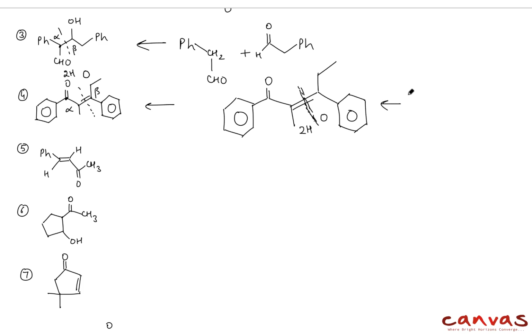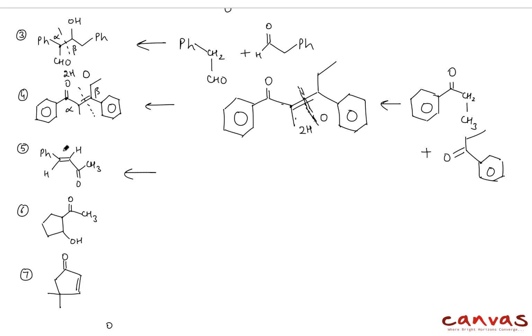So when you do this, what you get is this benzene ring, and this carbon already has 4 bonds. Now we are breaking 2 bonds and adding 2 hydrogen. So this is your CH2, below is CH3, plus here we are getting oxygen. Here you have CH2, CH3. Here you have this benzene.